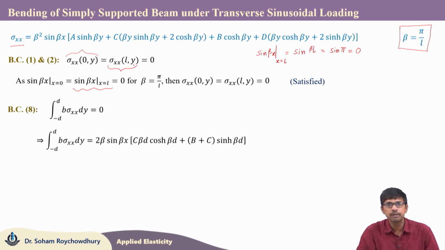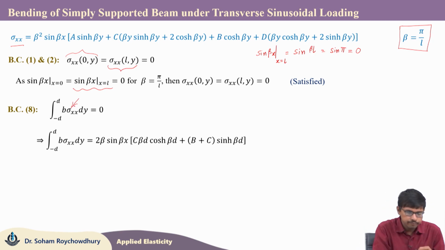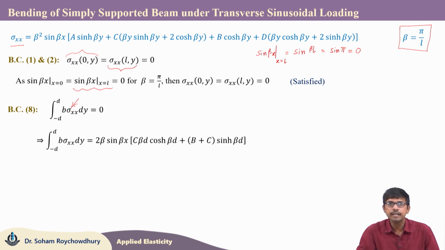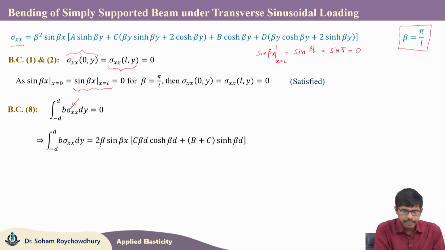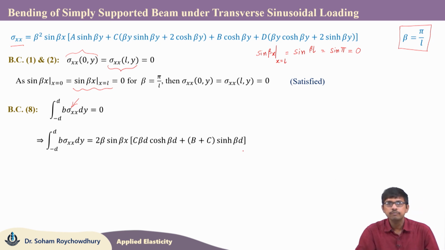Coming to the next boundary condition, that is the case of 0 axial force, the integral of b sigma xx dy from minus d to plus d is equal to 0. Now, replacing the form of sigma xx in this equation and performing this integral over dy from minus d to plus d, we get an equation involving two constants b and c.